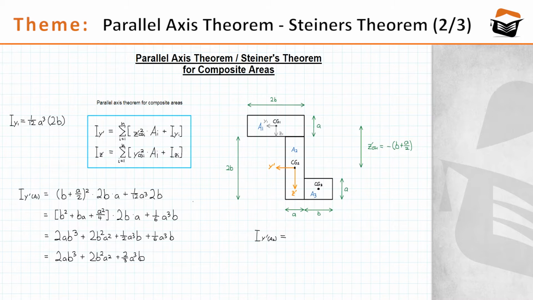So you adopt the 1/12 from above, and then the length that is perpendicular to y prime, that's 2b, and 2b needs to be powered up to 3.